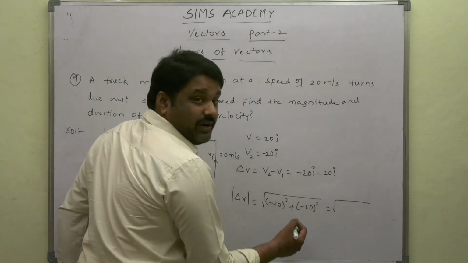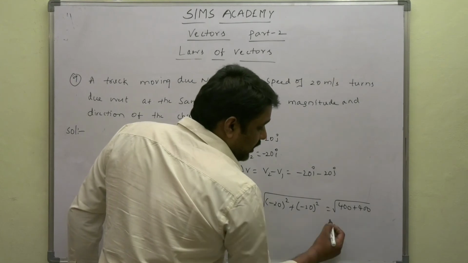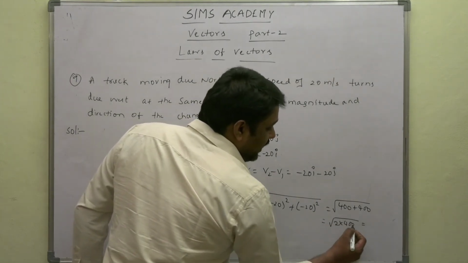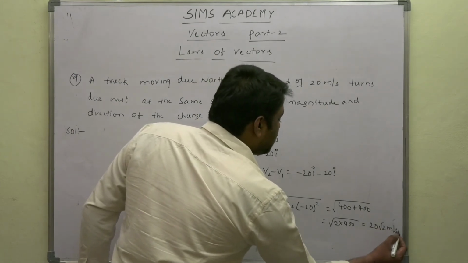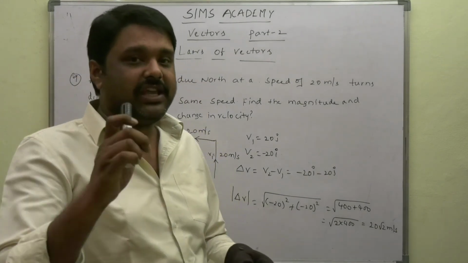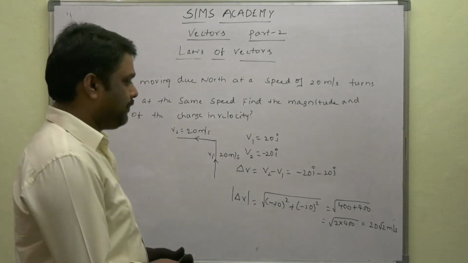How much is minus 20 whole square? It is 400. It is also 400. Under root of 2 into 400. 400 square root is 20 root 2 meters per second. That means the magnitude of change in velocity is 20 root 2 meters per second.